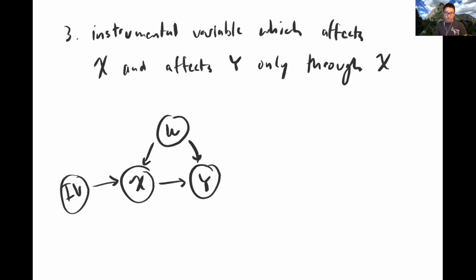And so your instrumental variable is something which is affecting the variable of interest that you want to measure the causal relationship between X and Y, but is not in any way related to any of the confounding variables.